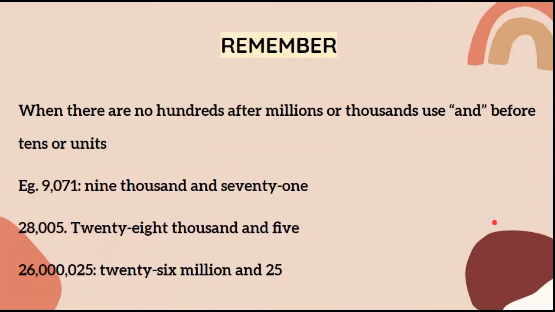When there are no hundreds after millions or thousands, we have to use and before tens or before units. For example, in the first case, 9,071 or 28,005. Yes?